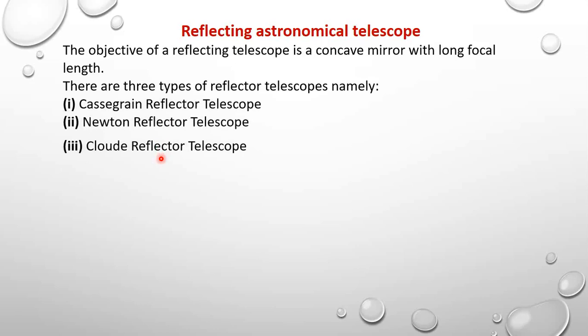Let's begin by looking at the Cassegrain reflector telescope in normal adjustment.